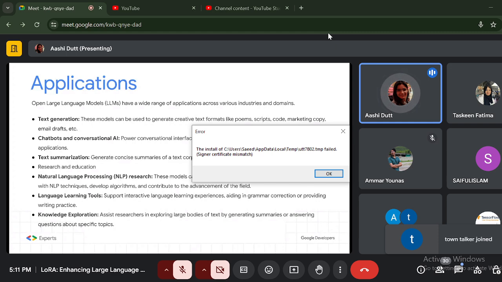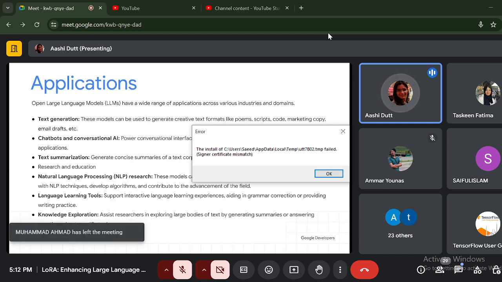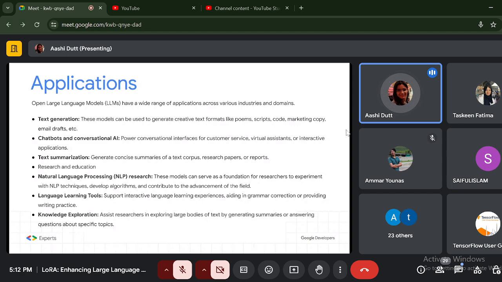Then text summarization. Maybe I don't want to read a whole paper on LoRA, I just pass it to one of these large language models and ask it for a summary. Then there is natural language processing research. A lot of research is going on around LLMs and natural language processing tools that can help researchers reach human level interactions, and language learning tools, and finally knowledge exploration.